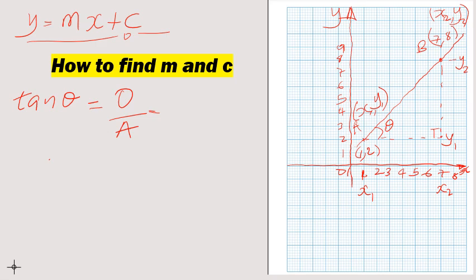So for us to find that, we need to do y2 minus y1, which is divided by x2 minus x1. Okay, so here you will see that the change in y divided by the change in x gives us tan theta.